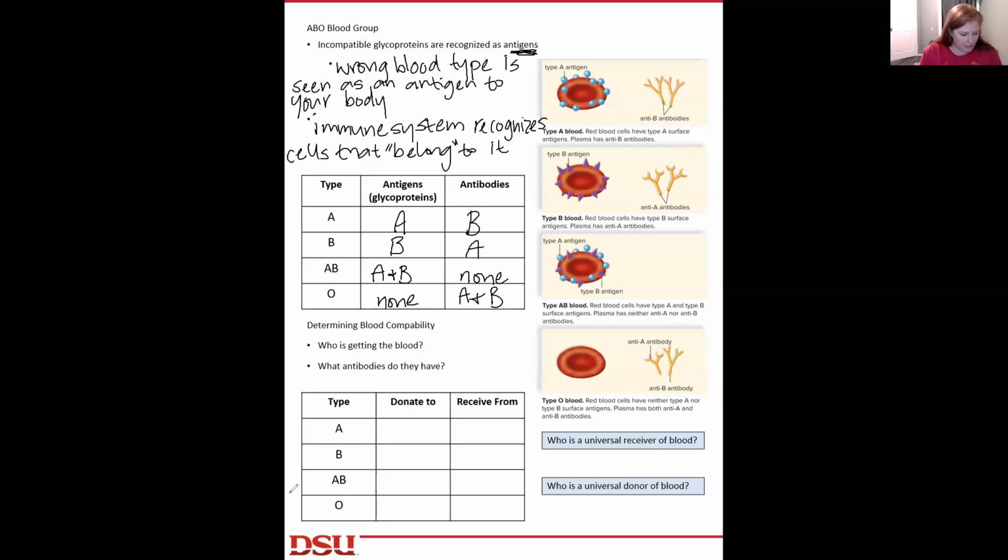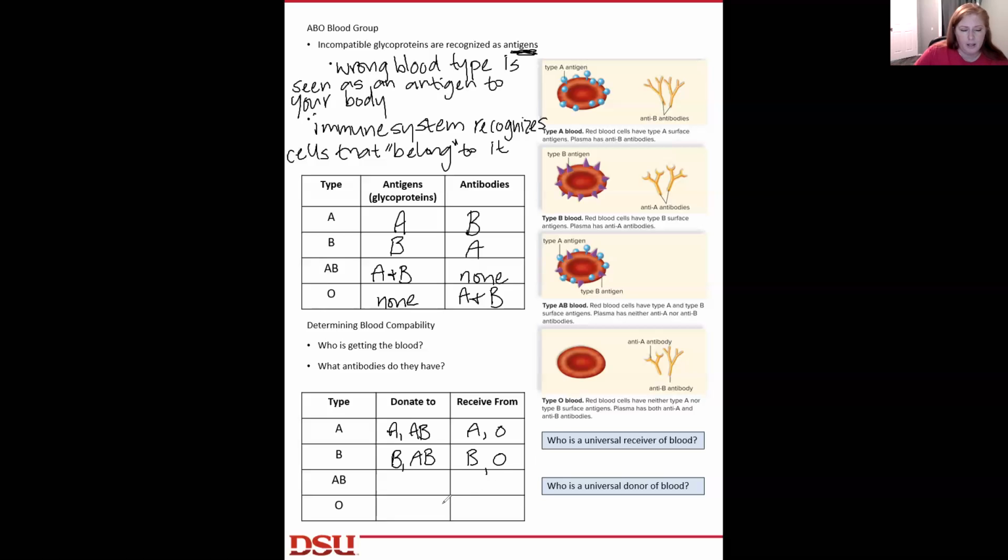Okay, so let's come down here to our donate and receive. Type A can donate to either A or AB, and it can receive from either A or O. B can give to B or AB, but it can only get from B or O. And again, since O doesn't have any of those surface antigens, there's nothing there to say it doesn't belong.